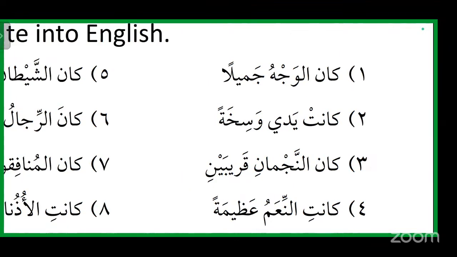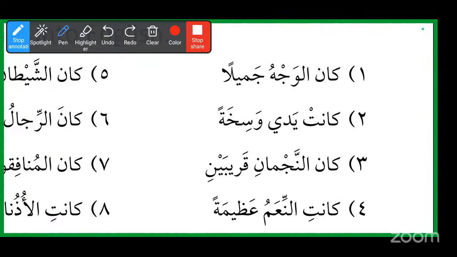Al-wajhu is muzakkar. That is why we can say kana jamilan or kana huwa jamilan. And the translation is, he was beautiful. It was beautiful. Sometimes the question is not making sense, but you have to do what he's told us.